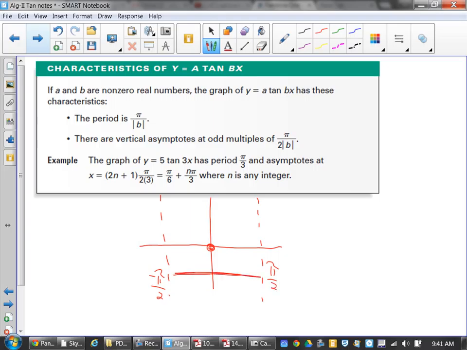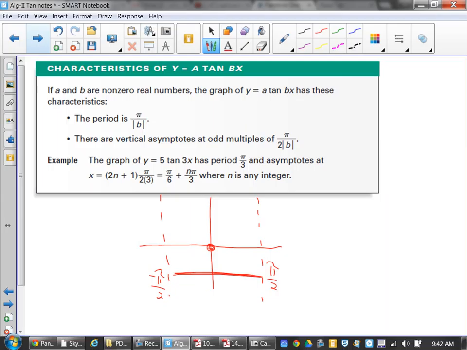The distance between these two is your period. Going from 0 to pi over 2 is pi over 2. Going from 0 to negative pi over 2 is still pi over 2. Pi over 2 plus pi over 2 is? Pi. Because distance is absolute. Oh. Okay. That's why they're getting this here. So in order to figure out where your asymptotes go, you take your period and you cut it in half. And that tells you where to place your asymptotes.